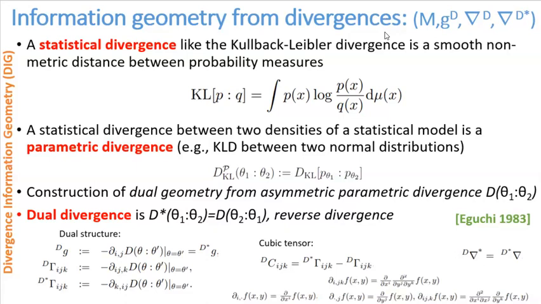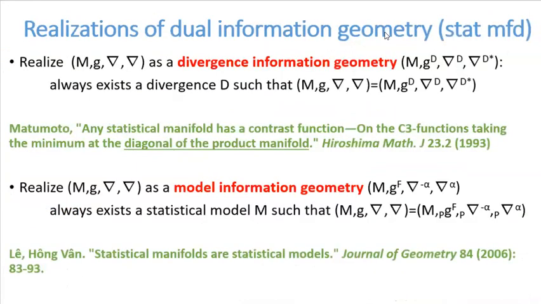Yeah. So actually, for example, if you came up last night dreaming about some dual structure like that, what we know is that we can realize this dual structure by finding some divergence so that the dual structure induced by the divergence coincides with that. Okay, and this has been done in 1993 by Matsumoto.